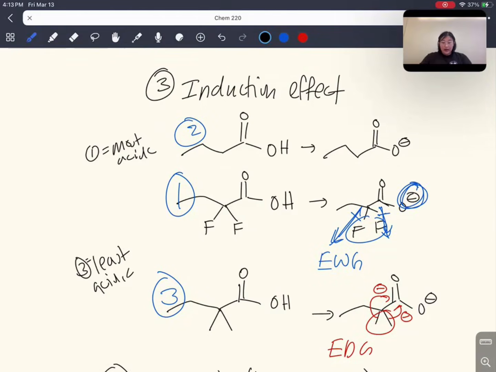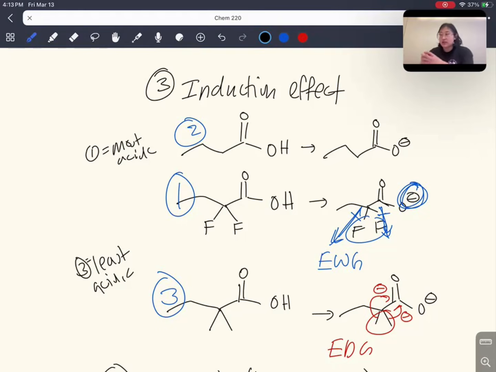So if we're adding a positive charge, do we want electron withdrawing groups? No, right? Because we would be taking away electrons from an already electron deficient location. So if we're thinking about basicity, we actually do want electron donating groups because we want to make up for that lack of electrons in that positively charged area.